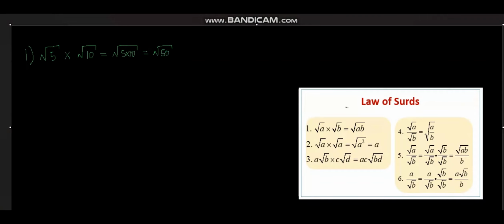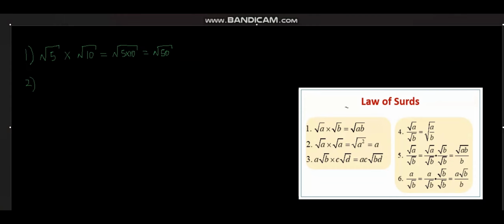Now the second law says root A by root A is equal to root A squared, which is A. So let's look at this with a real number, any real number.